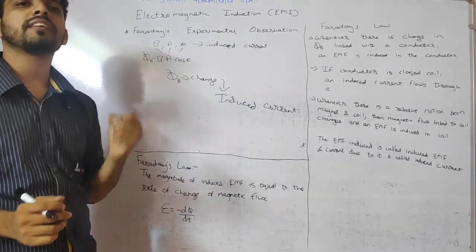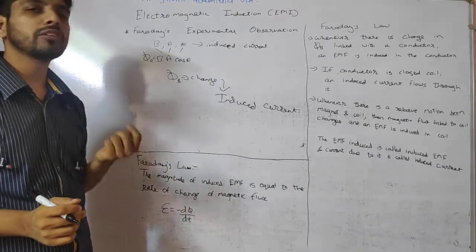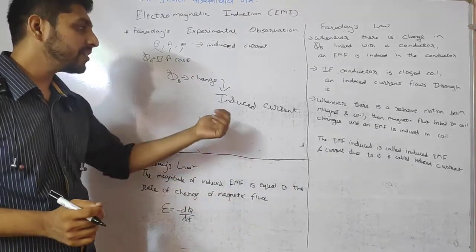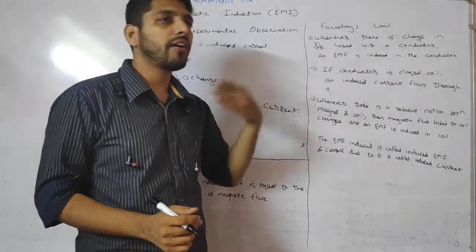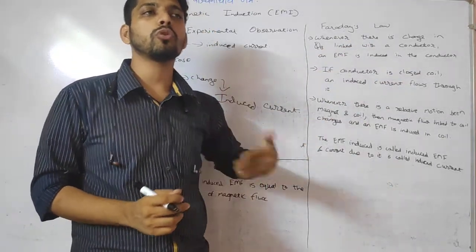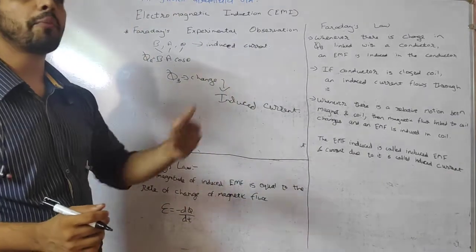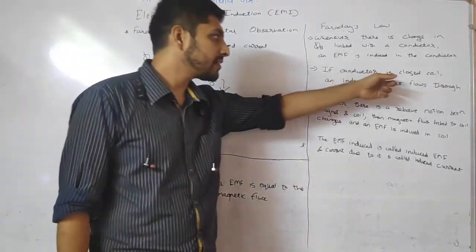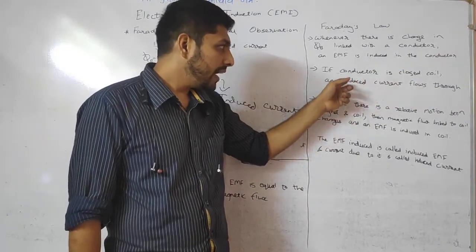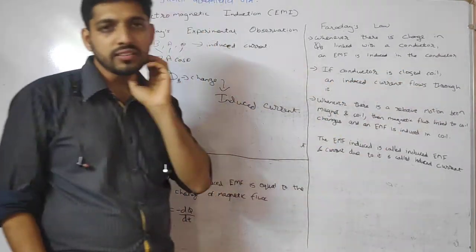Charge can travel only if there is a potential difference, that is induced EMF, and then we can have induced current. So on changing the flux, he found that there is some amount of induced EMF inside the material. Second, if the conductor is a closed coil, an induced current flows through it, which is the same.